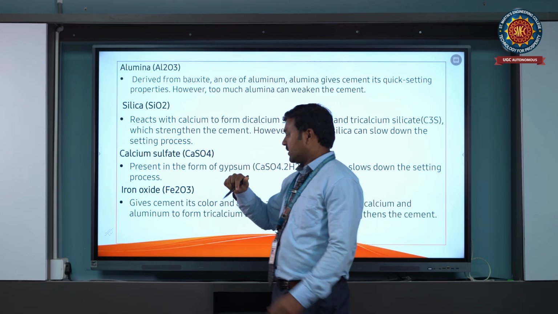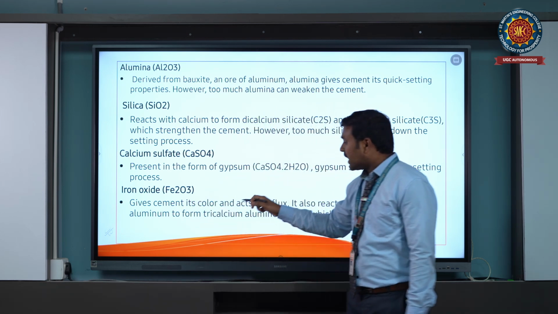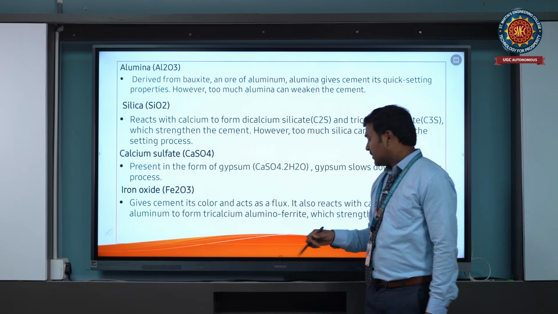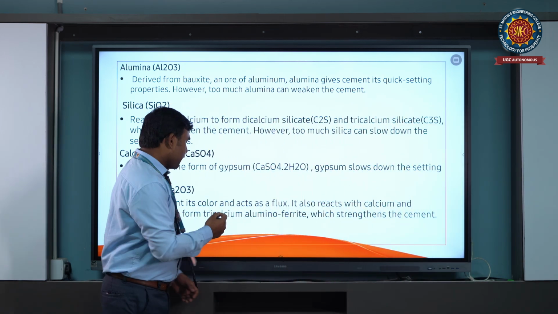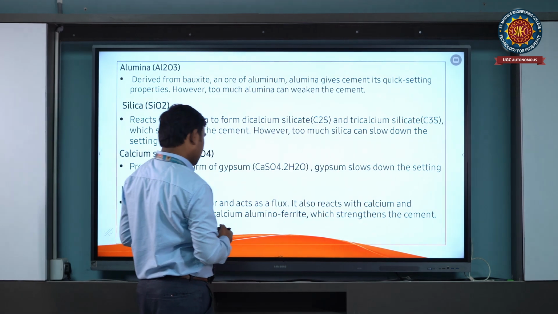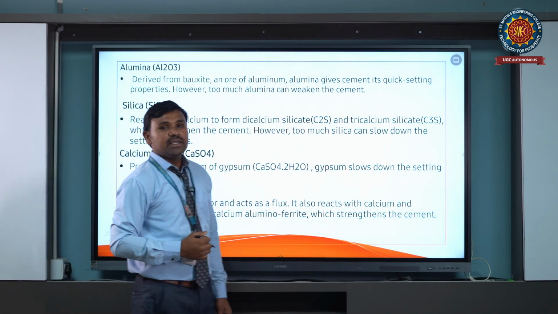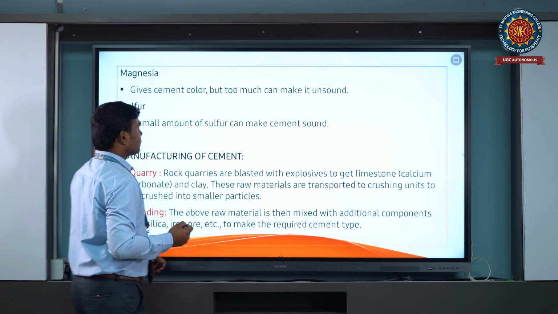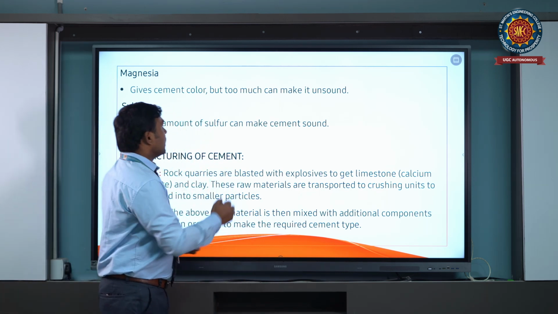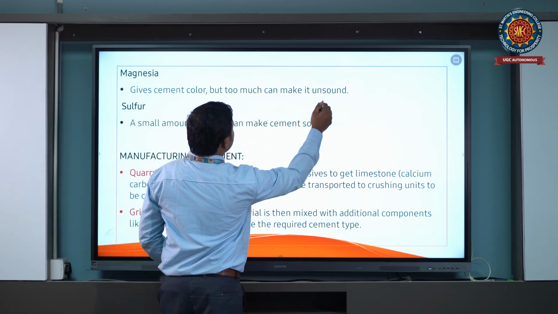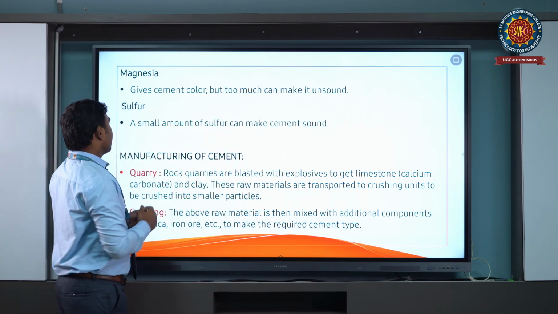Next, iron oxide. Iron oxide gives cement its color and acts as a flux, and it also reacts with calcium and aluminium to form aluminium ferrite, which strengthens the cement. Magnesia gives cement color, but too much can make it unsound. Next, sulfur.